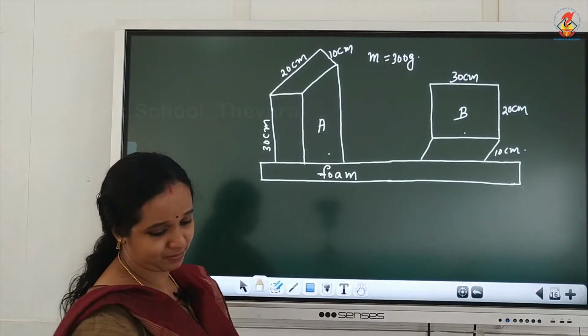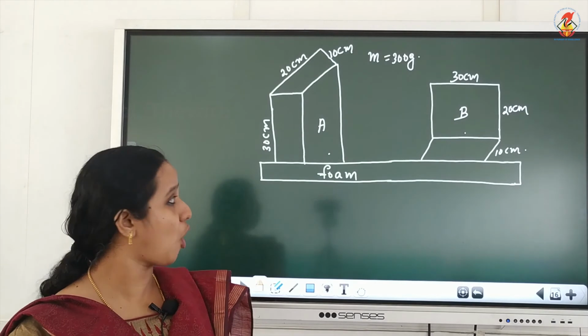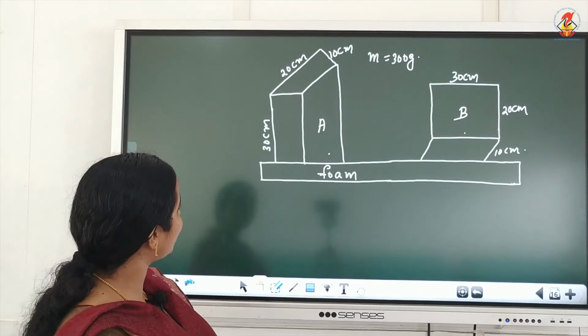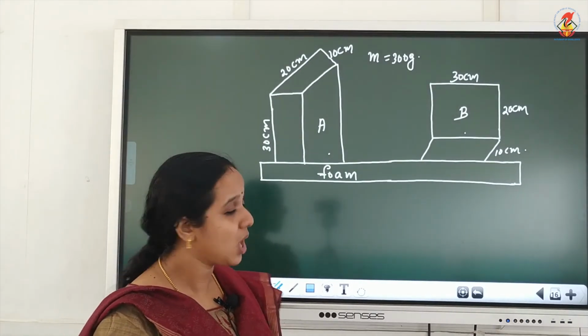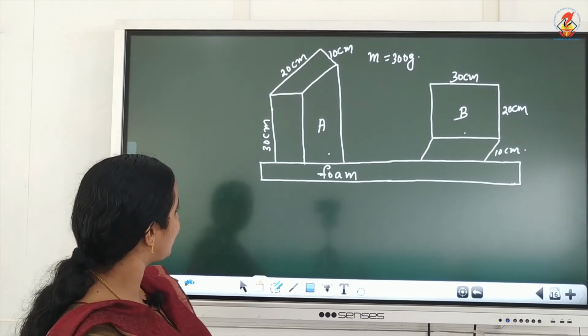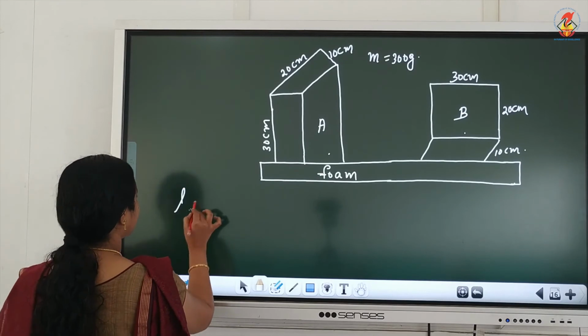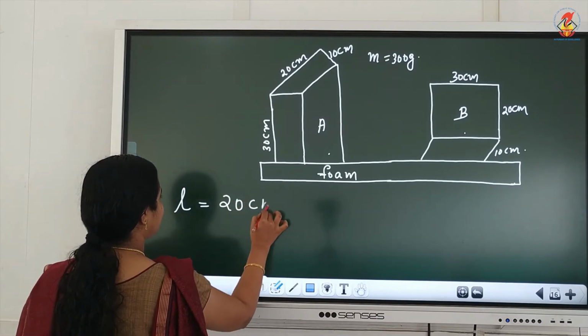Consider block A. The surface of block A which is in contact with the foam is 20 centimeter and 10 centimeter.